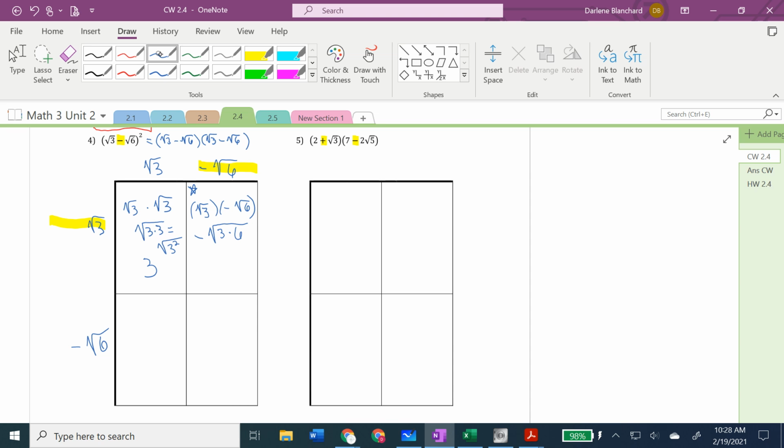Now, this particular square root can be simplified further. Maybe you multiply the 6 and the 3 and get 18, but do you notice what you have there?